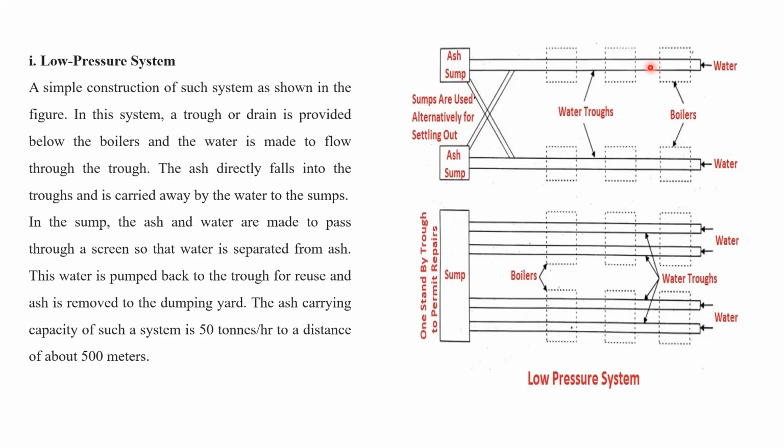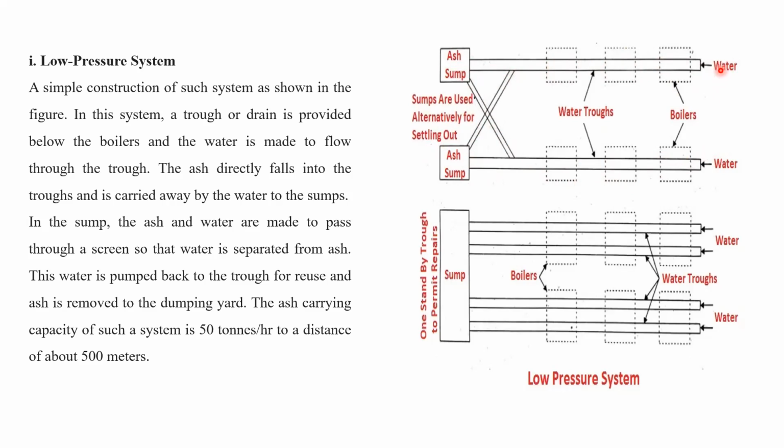Sumps are used alternatively for settling out. In one shift, this trough may be used for collection into the sump. In the second shift, you can use this other trough for collection of the ash into the ash sump. So that settling time will be there. Ash will be settled there, and the water which is flowing upwards can be reused for collection of ash with the help of high water velocity.